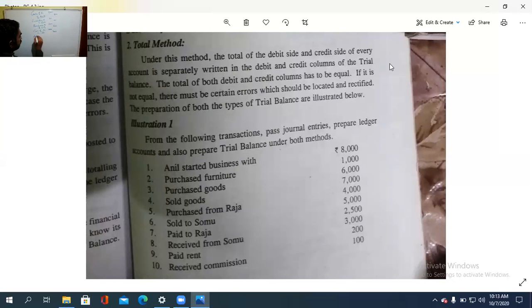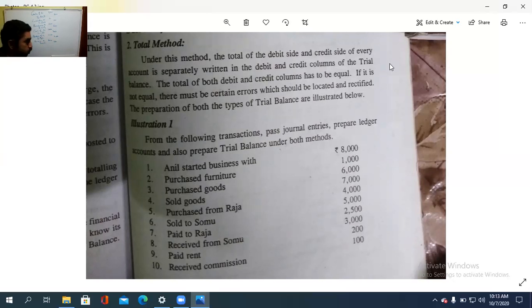So cash account debtor, sorry, not cash, purchases account debtor because it is a credit purchase. Purchases account debtor to Raja. How much? 4,000. Okay. Then sold to Somu. Somu debtor to sales, 5,000.